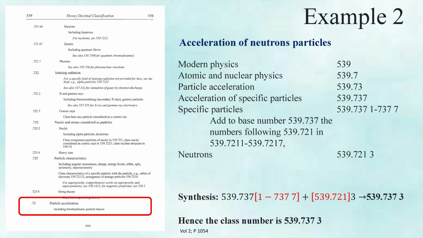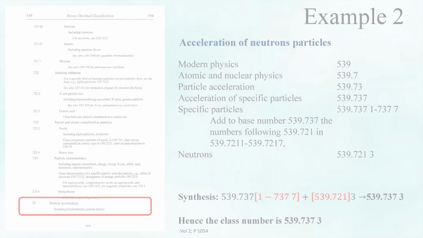Therefore, we will get a part, that is the specific particles, 539.737, and the remaining portion for the number of neutron is 3. Therefore, we will get the number 539.7373. This is the number for acceleration of neutron particle.